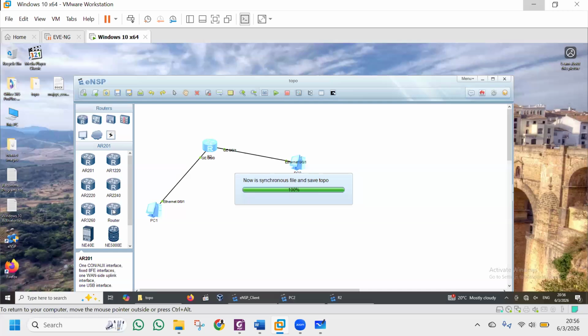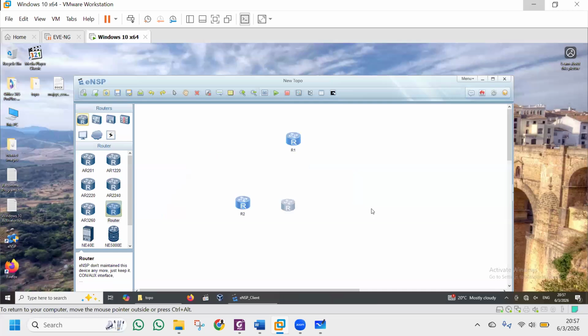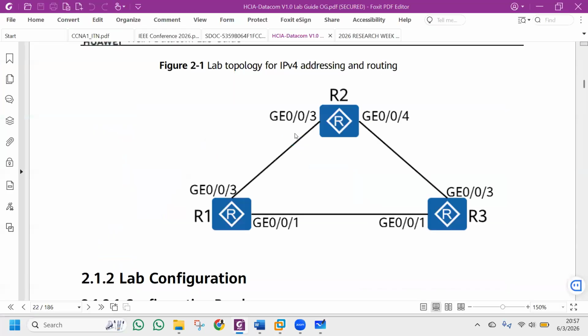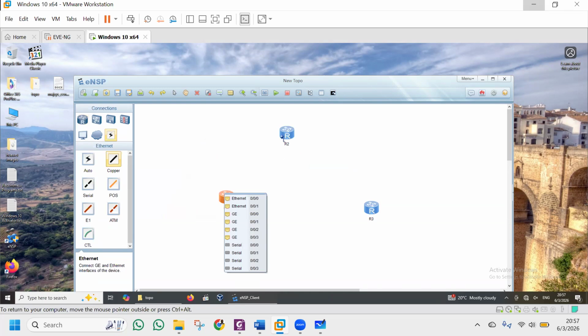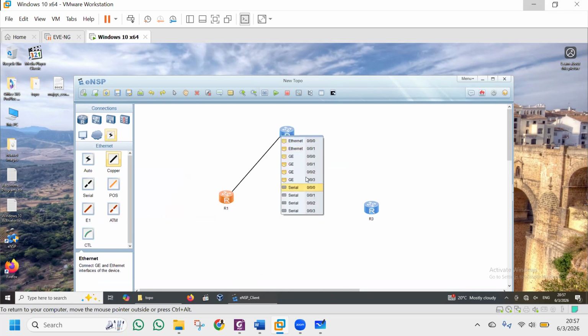Right. So for this one, we have three routers, R1, R2, R3. So it's R1, R2, then R3. My connections here, we have three here. I'm just going to follow my connections, it's very easy to configure.